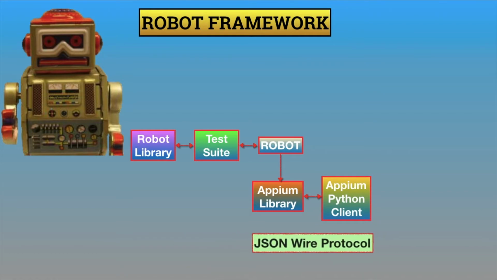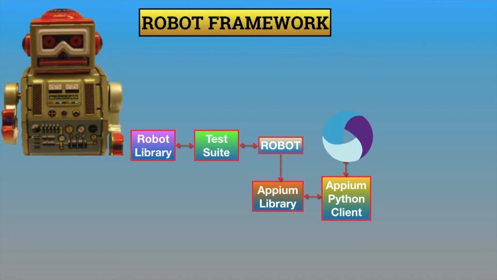And we have the Appium Python client. If you have worked in Python, this must be installed and you must know about it. It is basically a client for Appium for using Python.